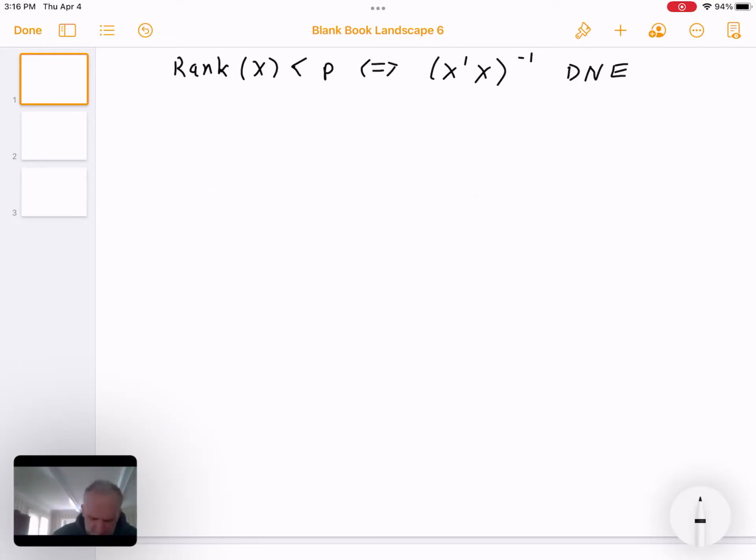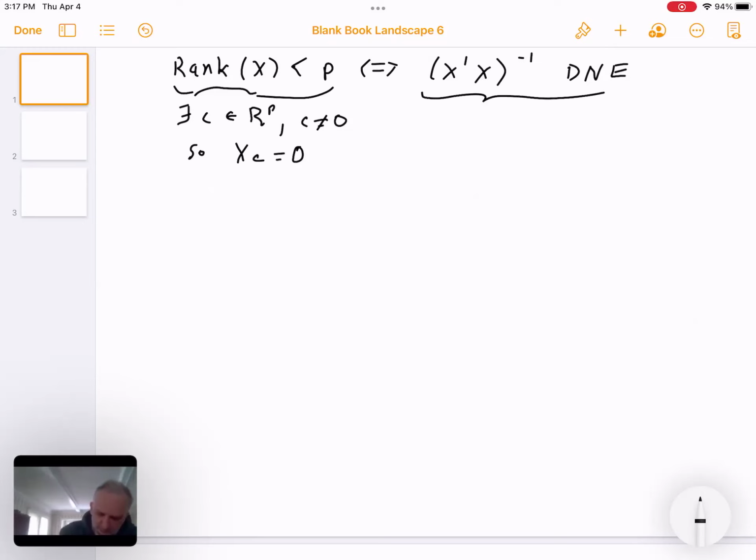And the one thing I wanted to show to convince you is that if this is true, what does this mean? This means that there exists some non-zero vector C in R^P such that XC equals 0, right? That's what that means. The same thing, if you have a square matrix and it's not invertible, that means the columns are dependent.